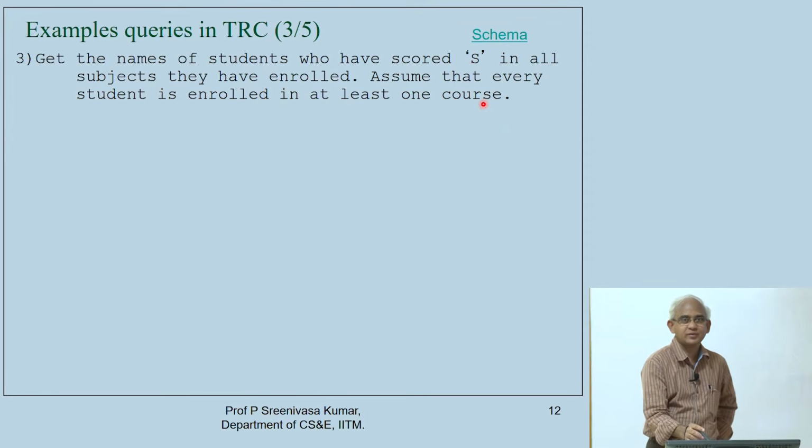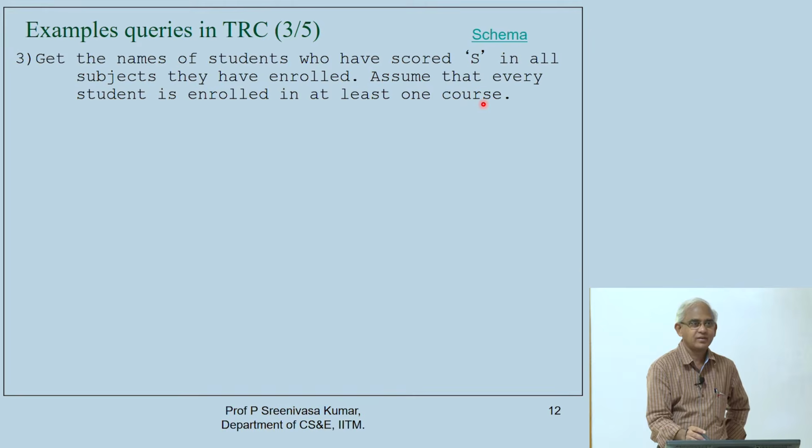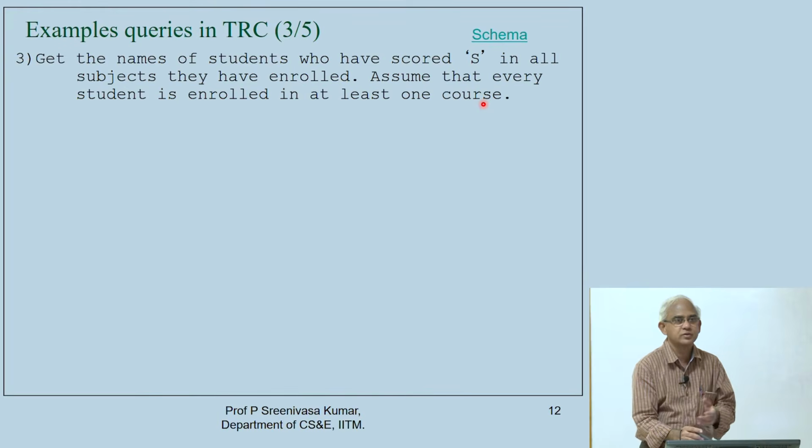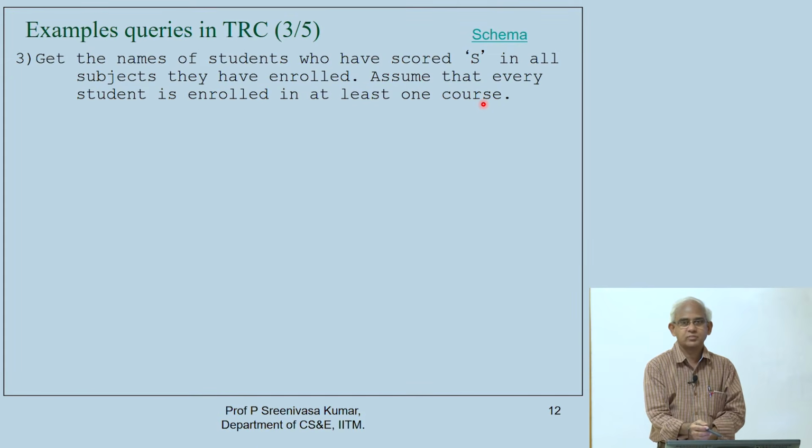Assume that every student is enrolled in at least one course. Now that we are dealing with specifying conditions using mathematical logic, we should be careful about one particular fact about implications. Implications can sometimes be vacuously true. When is an implication called vacuously true? You have seen it in discrete mathematics, right?